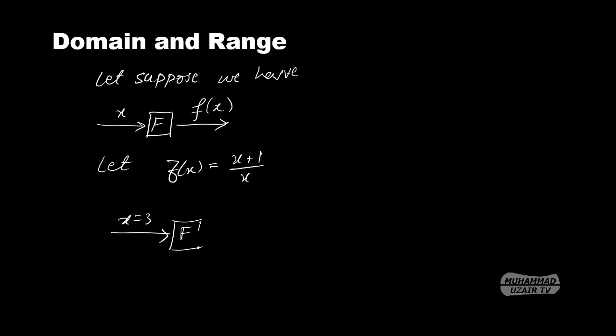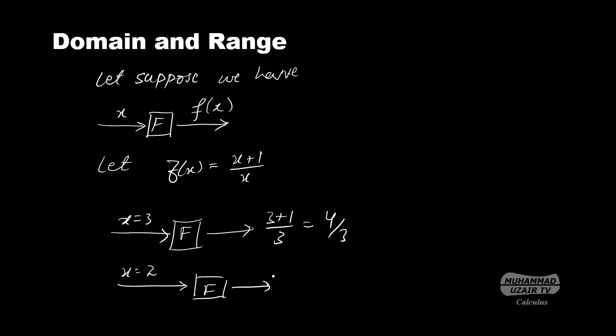For this function, the output will be 3 plus 1 divided by 3, which is 4 divided by 3. Let's put x is equal to 2. By putting x is equal to 2, we will get 2 plus 1 divided by 2, which is 3 divided by 2.